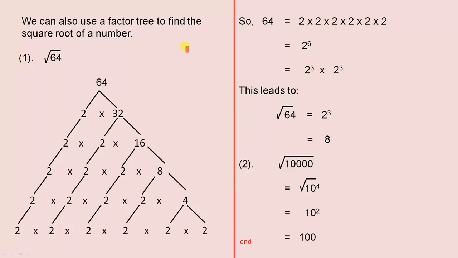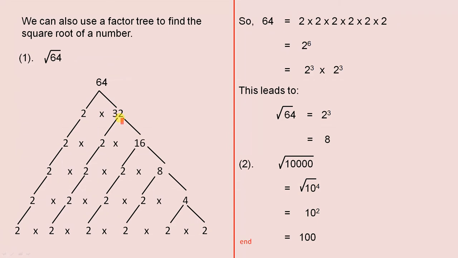We can also use a factor tree to find the square root of a number. Let's look at the square root of 64. So here we have 64, which is 2 times 32. We put the 2 down here, so we continue the tree and we just leave that 2 there.